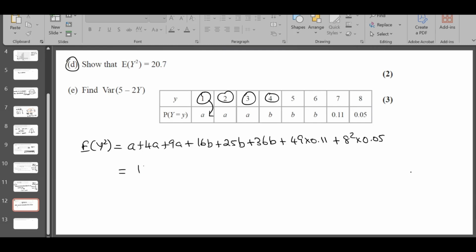It's gonna be 14A plus this is 50, 61, 67, 77B plus these values and then get the answer.